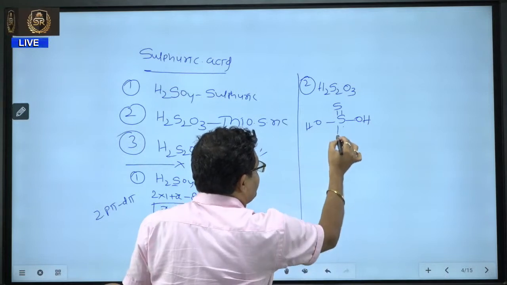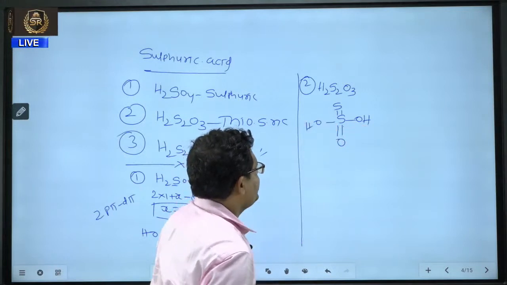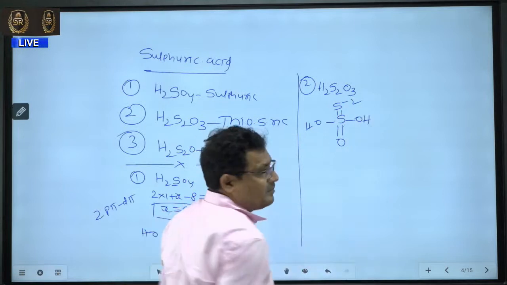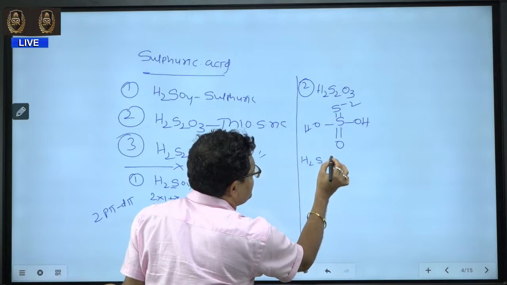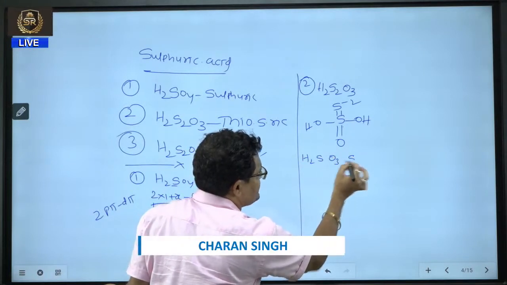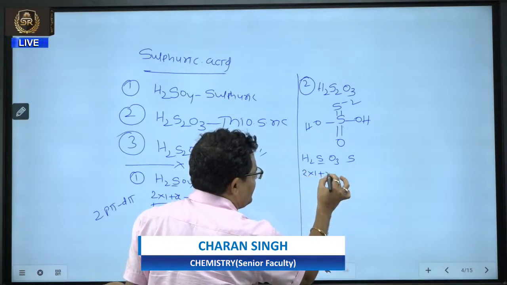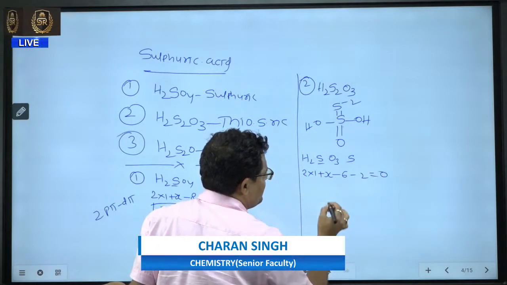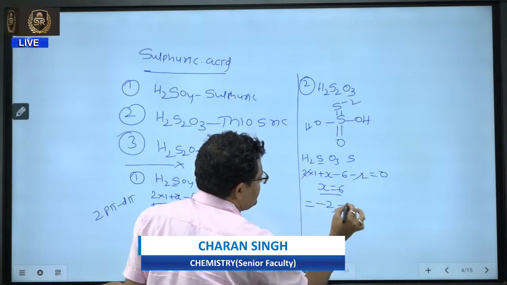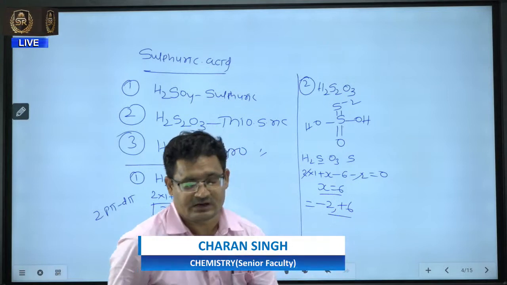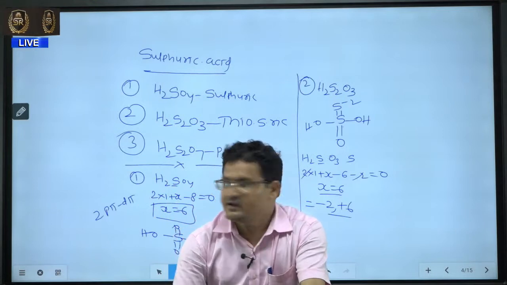So this is H2S2O3. This sulfur undergoes -2 oxidation state. That's why one of the sulfur is -2. So 2 into 1 plus x minus 6 minus 2 equal to 0. These two get cancelled. X equal to 6. That's why its oxidation states are -2 and +6.